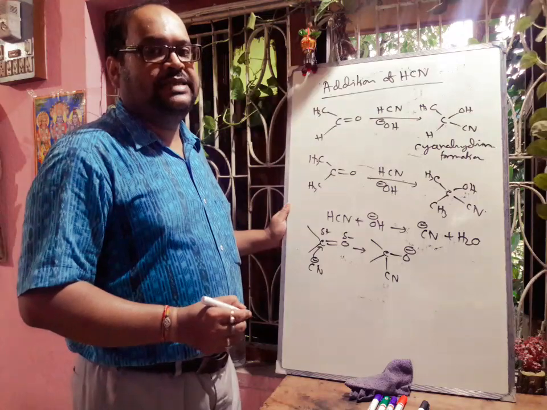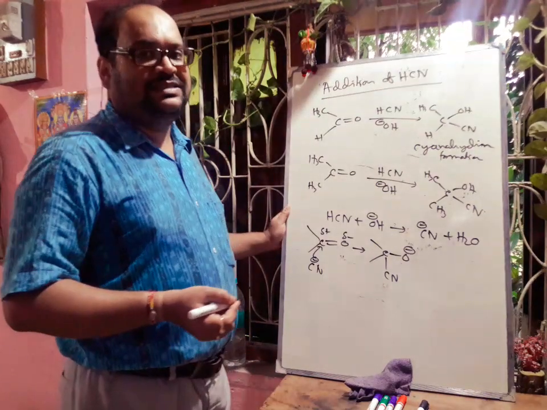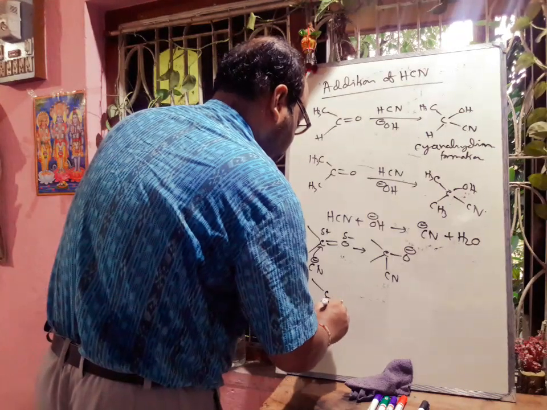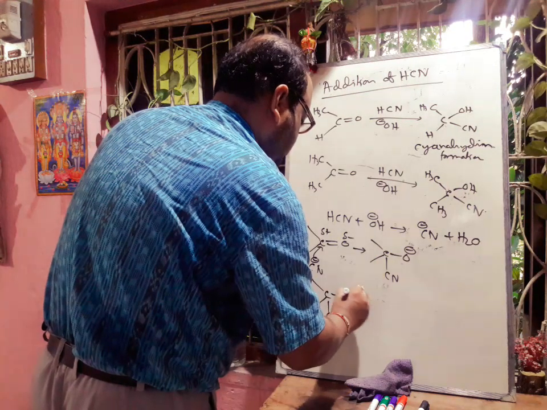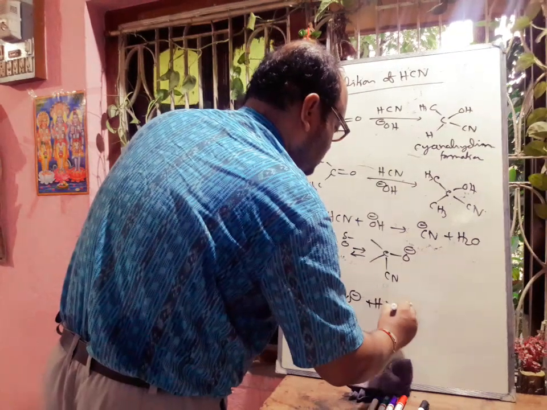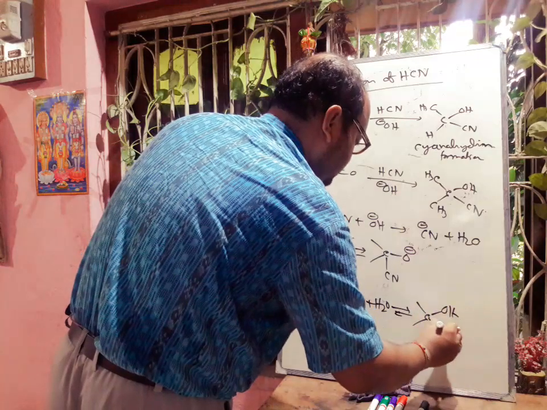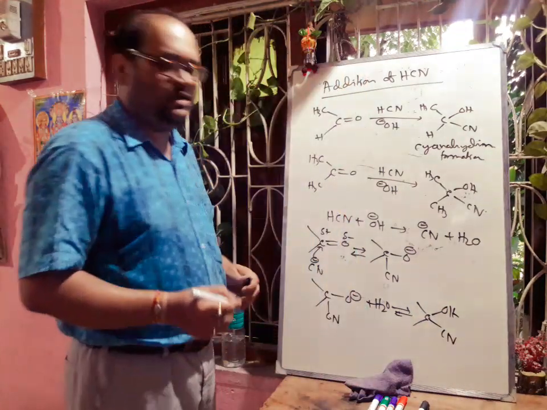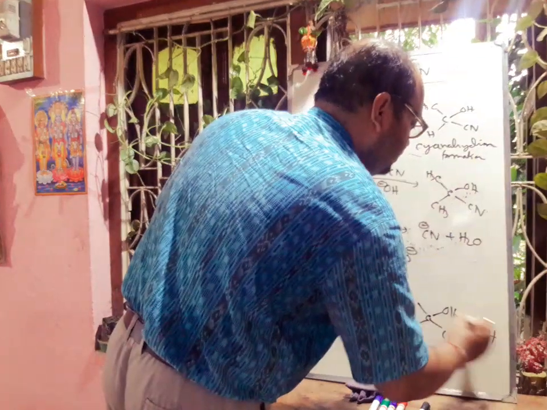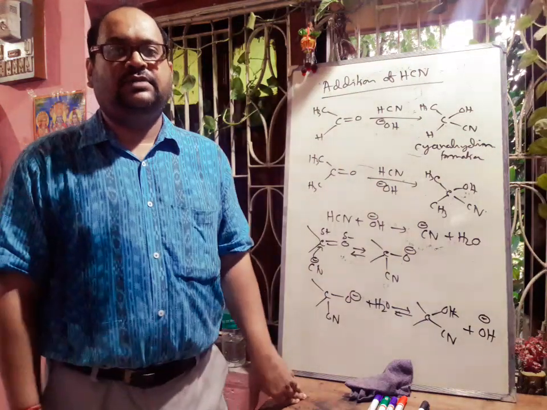Now in the second step, this O minus will abstract one proton from the solvent, and there will be formation of the corresponding cyanohydrin, along with OH minus. So in this way, we can easily prepare the cyanohydrin.